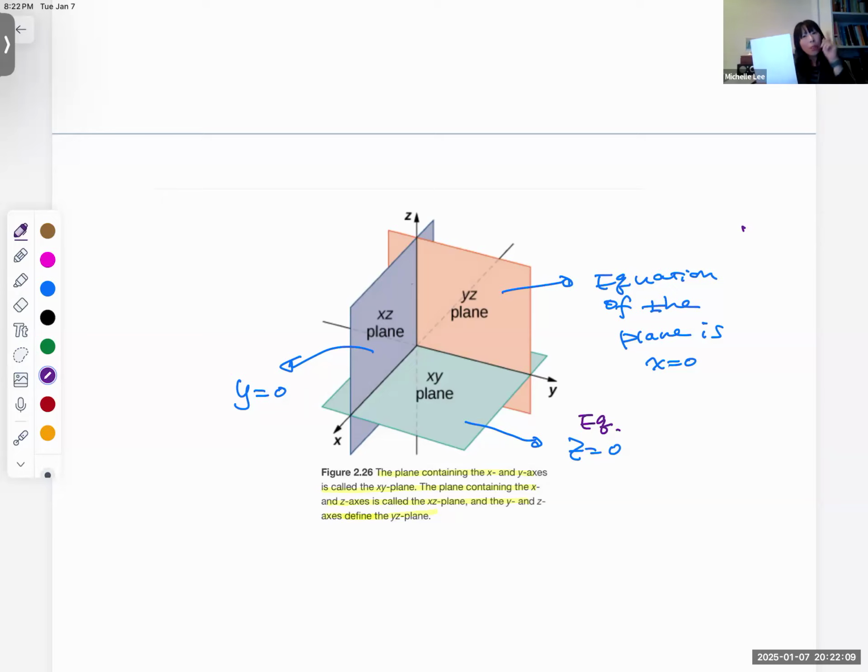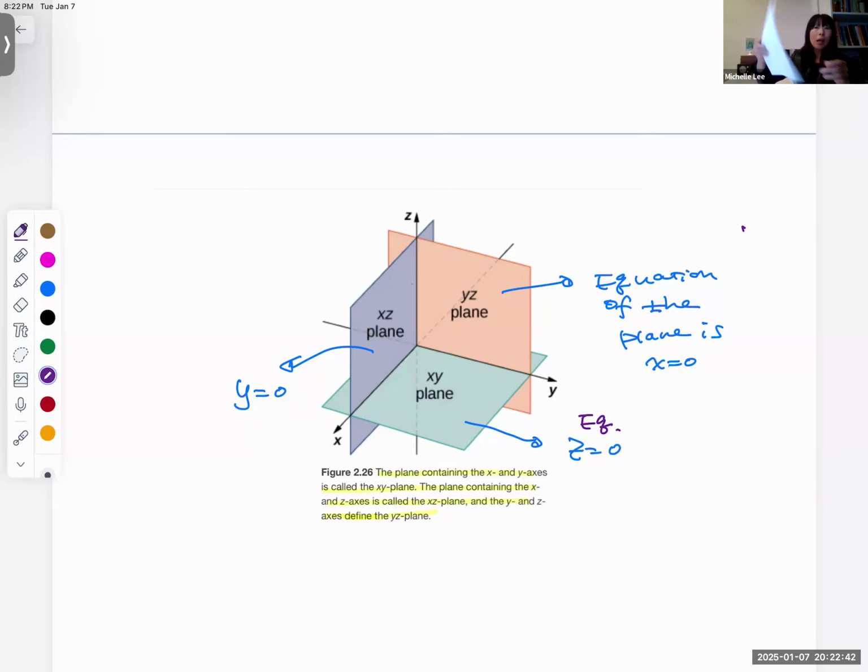Okay, so think about this. We have the XY plane, then the equation is z equal to 0, right? So can you see the pattern? For the XY plane, the variable z is missing, so z equal to some number, right?